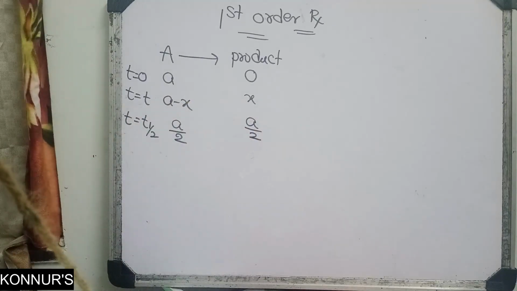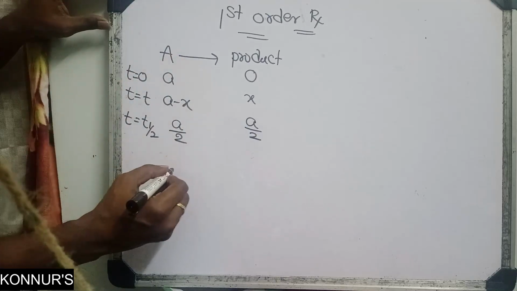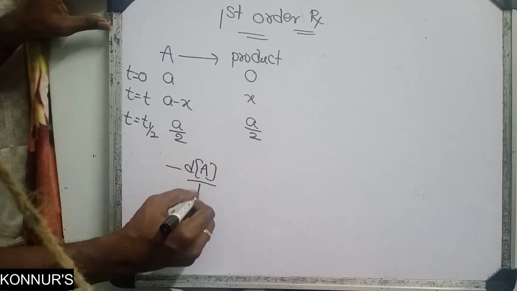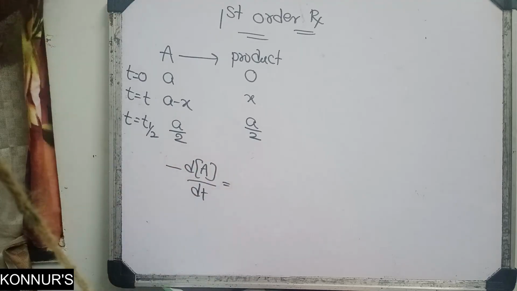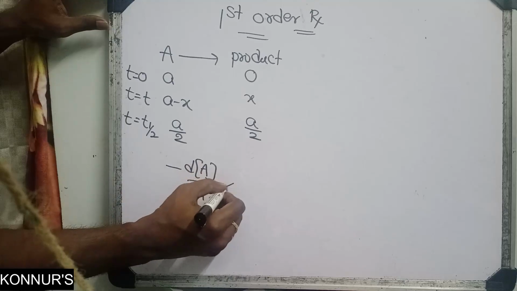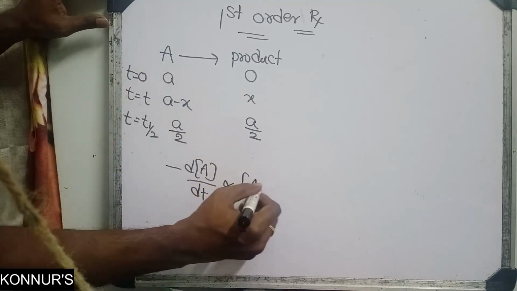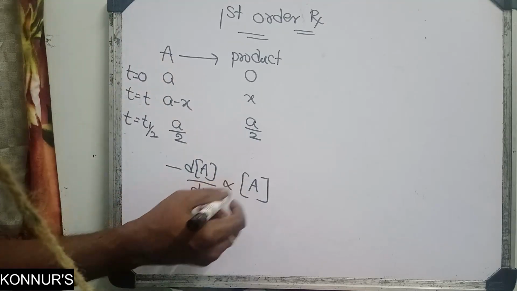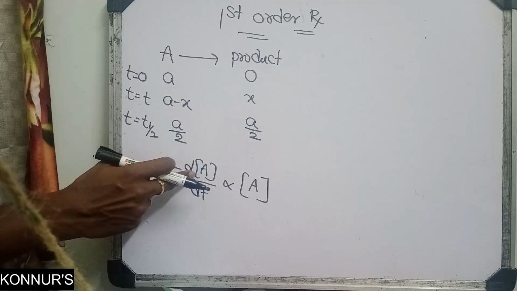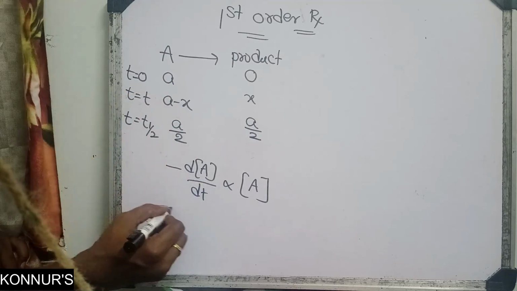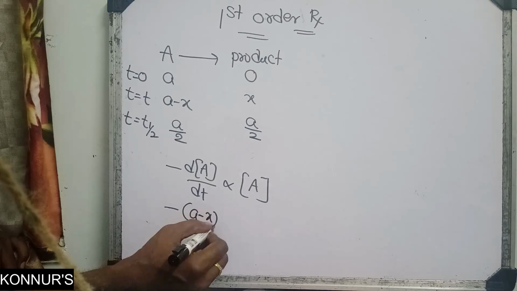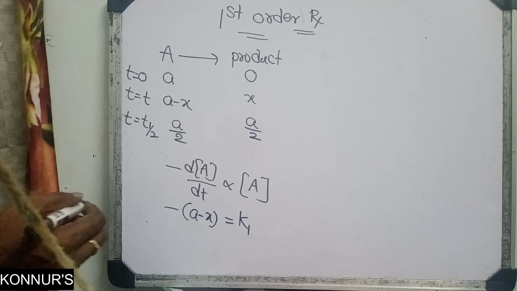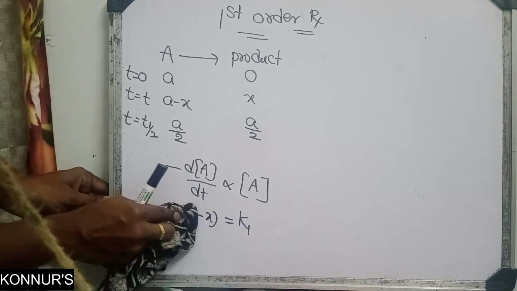So this is basic. Here the rate of the reaction, minus dA by dt, is directly proportional to the initial concentration, that is A, the starting reactant. Here dA is A minus x.